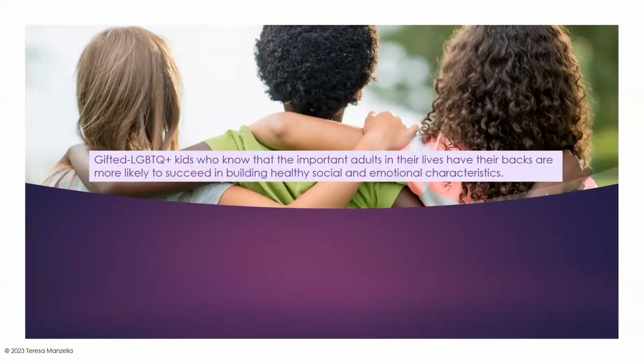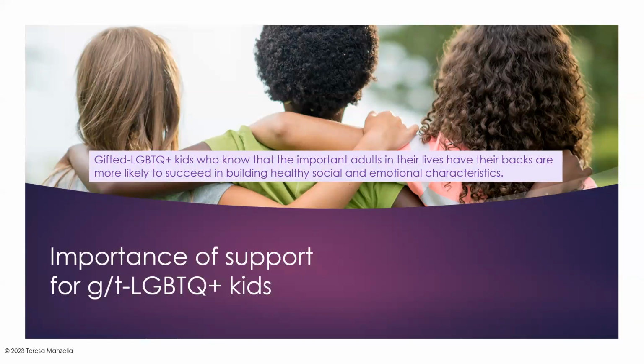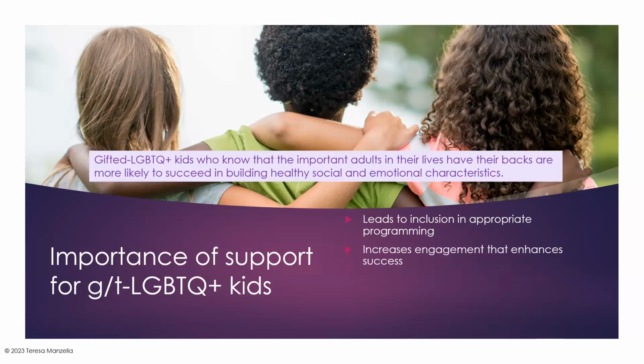But there are ways that we can support these kids. It's critical that they sense, just like all kids, that there are adults in their lives who have their backs. If we can support these kids throughout their educational journeys and make sure that they are getting access to the programming that they need, then they're more likely to be successful.